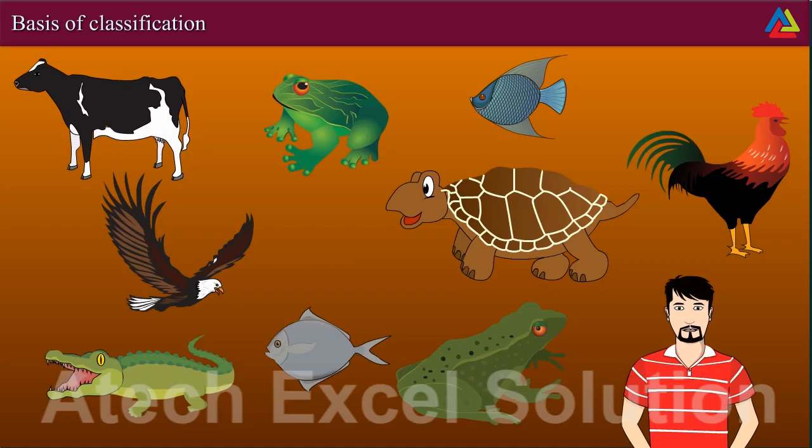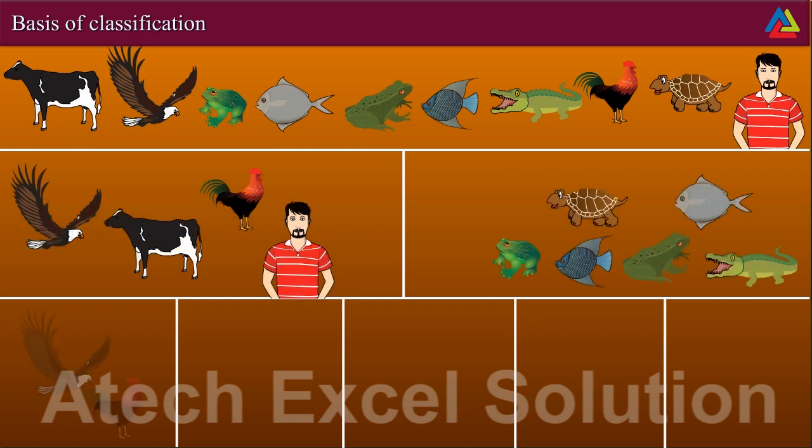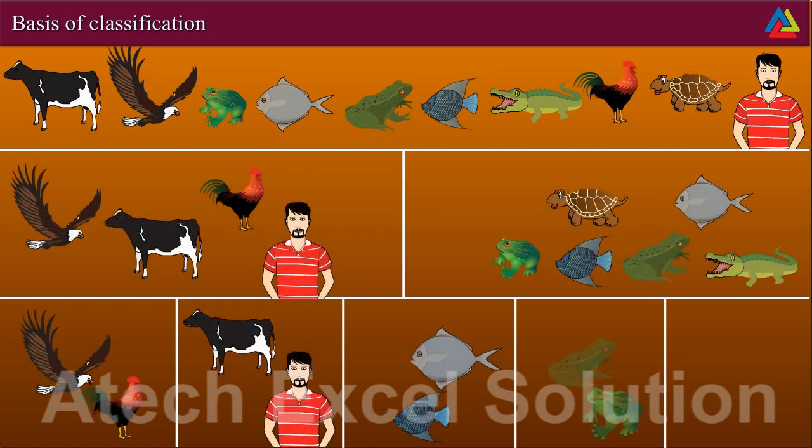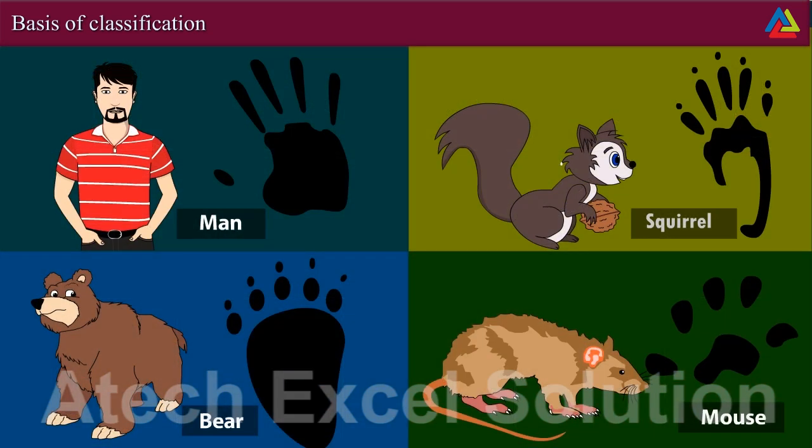What shall be the basis of developing a hierarchy in classification? For this, we need to decide which characteristics should be used to make groups. A characteristic is a particular form or a particular function. For example, most of the animals have 5 fingers on each hand.